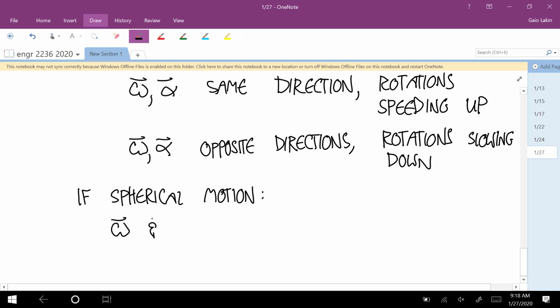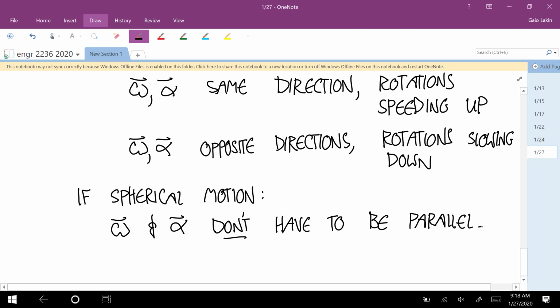So omega and alpha don't have to be parallel. Yeah, it means, right, at that instant, it's continuing in a circular path. That's right.